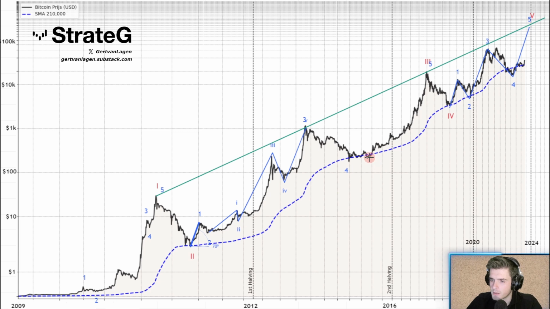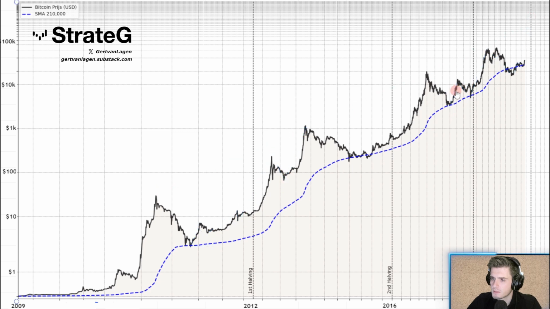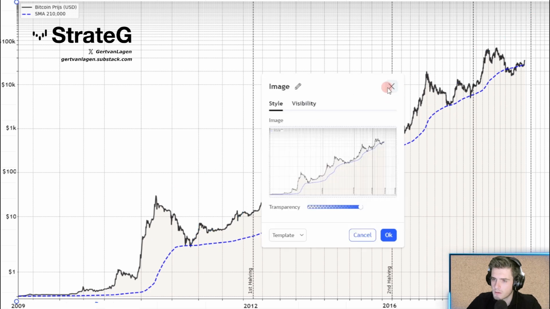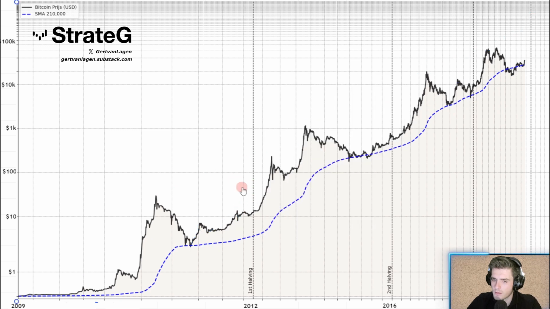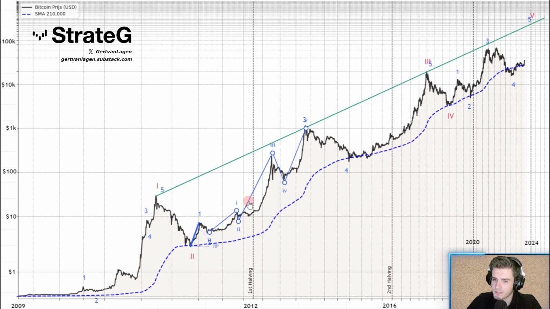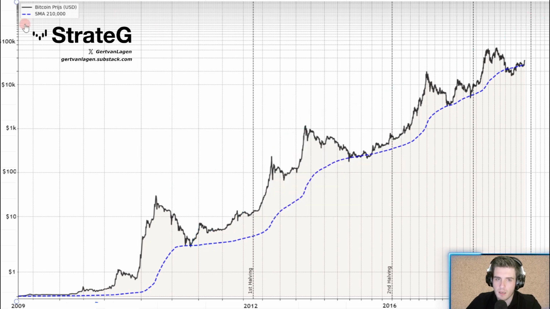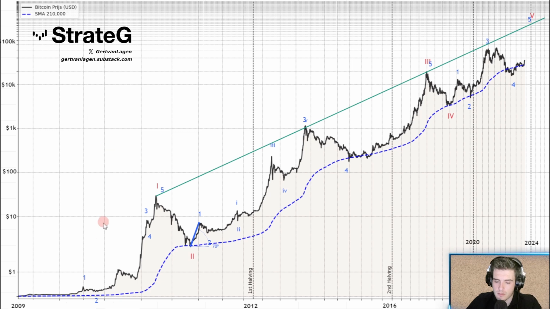Then we have here another. Wait a sec, I should first hide this wave and this wave. Well, it's in TradingView, so I should be able to hide it here. Okay, nice. So I'm going to measure the steep increases of Bitcoin.